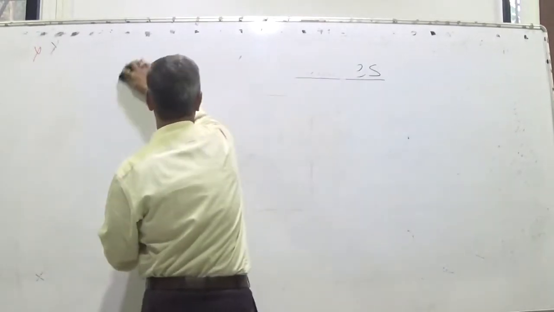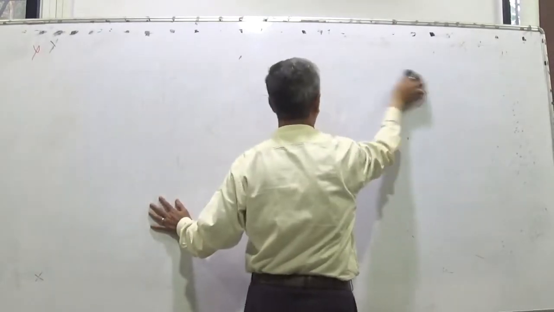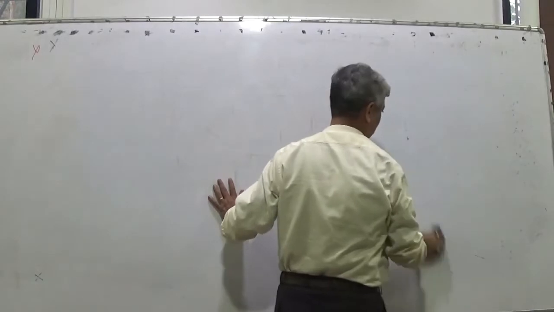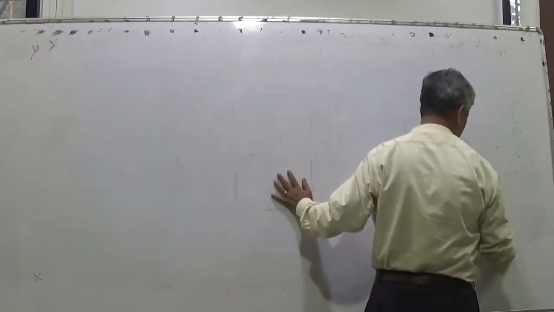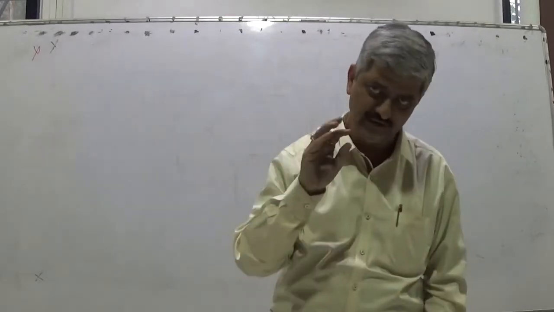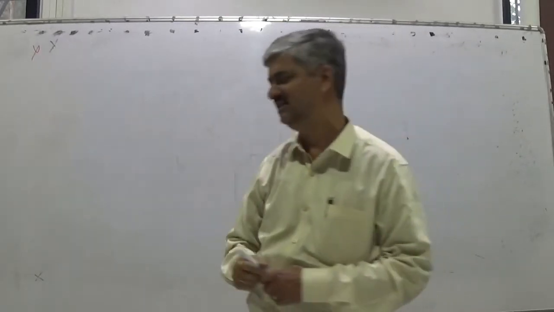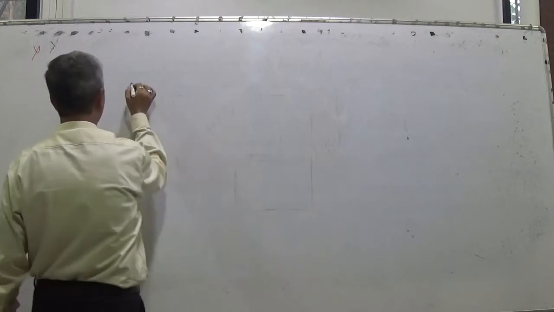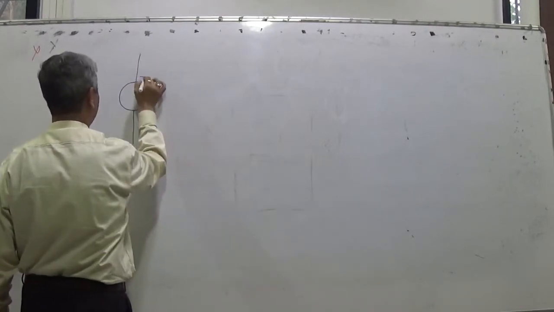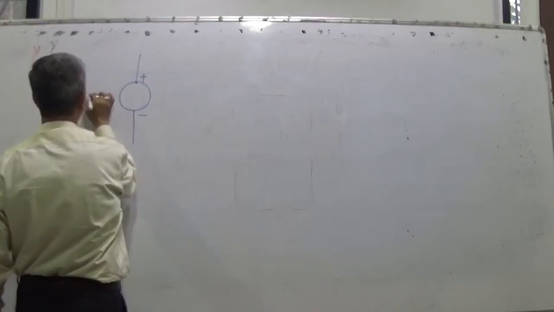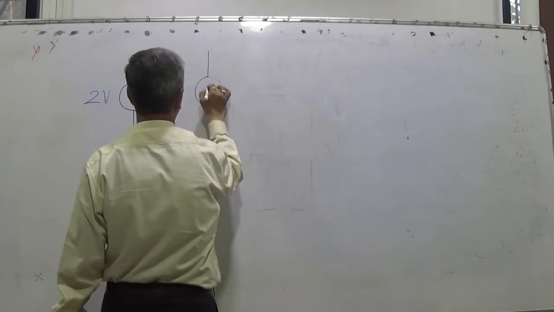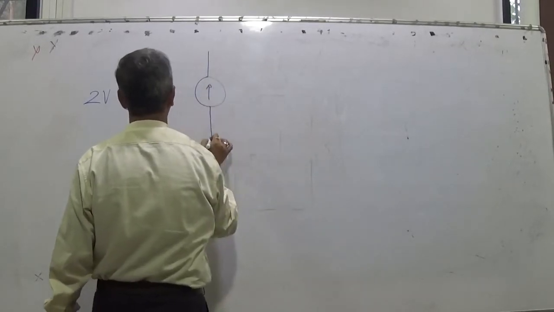As I have already stated, it is very simple logical work with not much fundamental new thing added. The only difference is that the independent voltage source is shown like this, with plus and minus, and 2 volts shown.